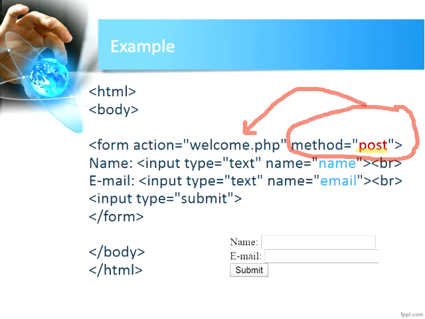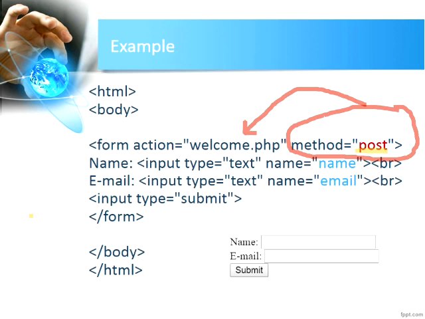Yes or no, Mr. Walid? We use method equal post. We have two manners to write. We can use method equal post. In this case, the values of the parameters will be sent in the body of the request, and in this manner we avoid the display of these parameters and their values in the URL.